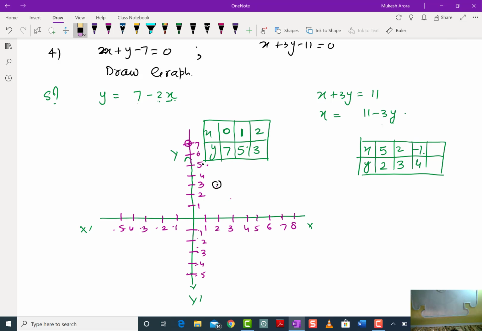On a graph paper, it will come exactly. It should be done on plain paper or a copy. You will find it a bit difficult, but not so much.